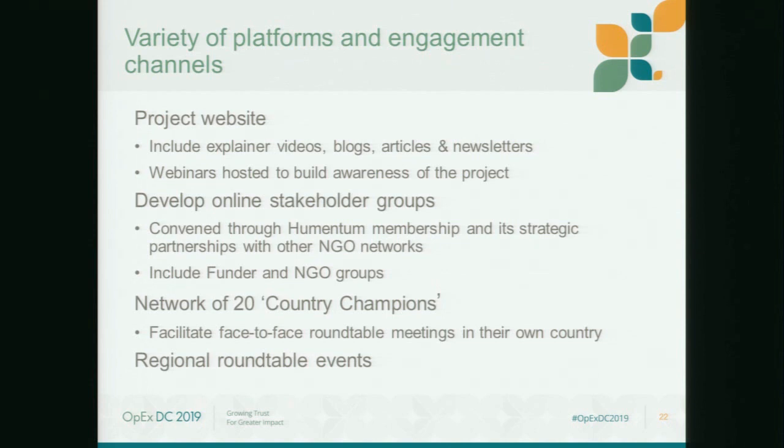We will work with those champions to facilitate meetings in their countries. So rather than us having to travel everywhere, we'll work through local champions who can facilitate meetings, which will help them to share the issues and encourage that debate and engagement.